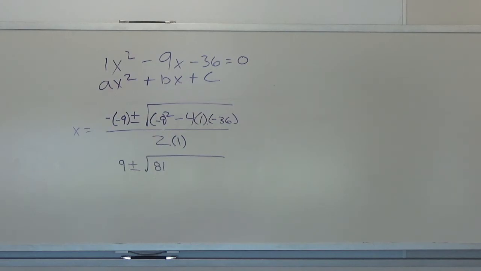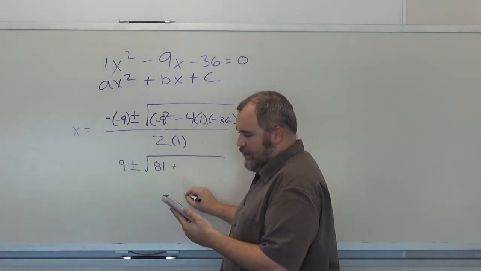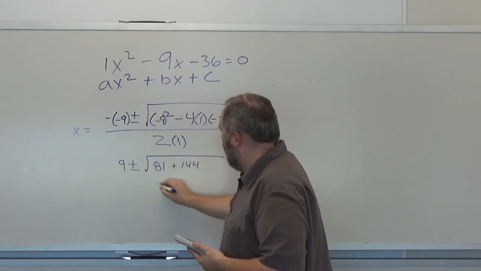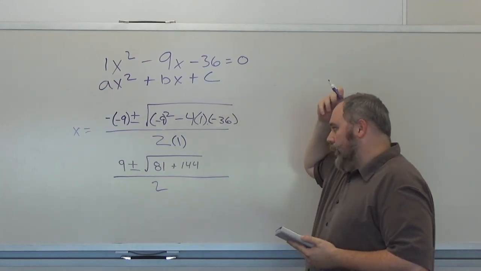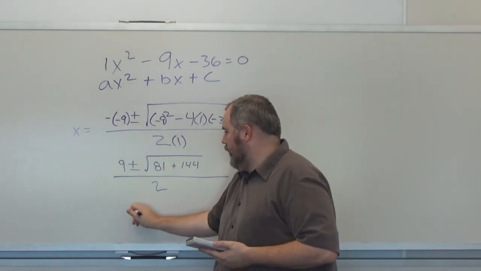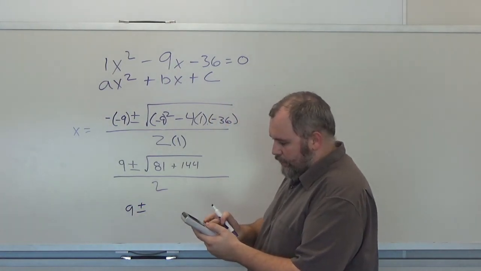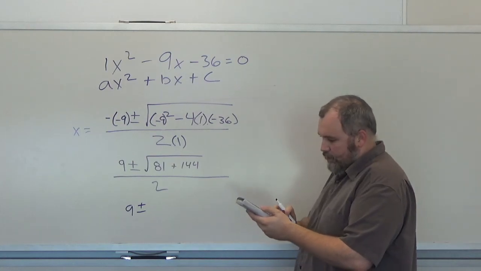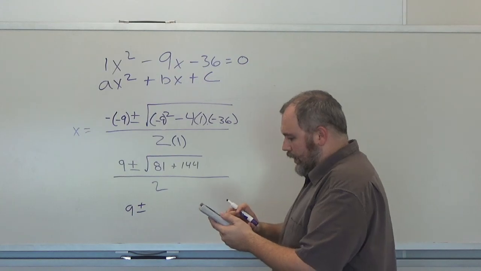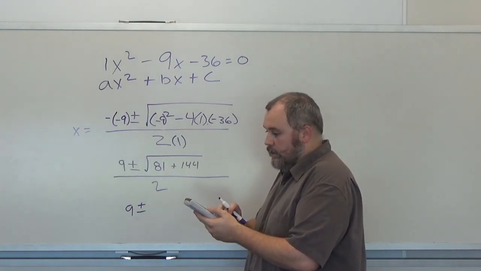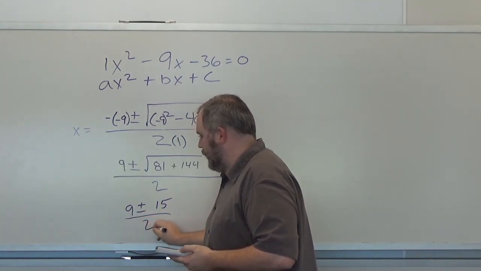Negative 4 times negative 36, and I get plus 144, all over 2. All right? So let's keep on trucking. This is going to give me 9 plus or minus square root of, let's see, 81 plus 144 gives me 225. We're going to square root it, and that gives me 15, over 2.